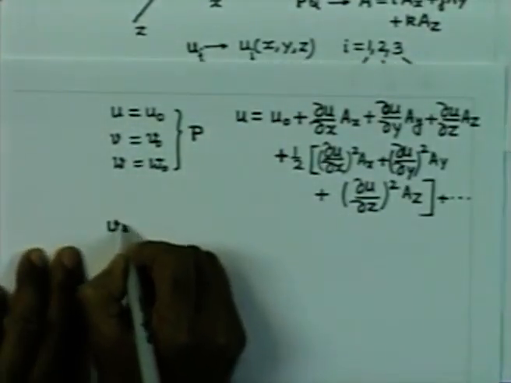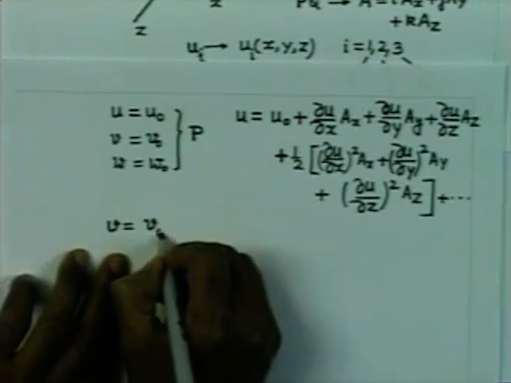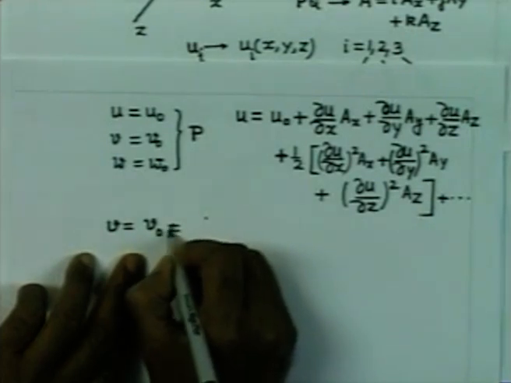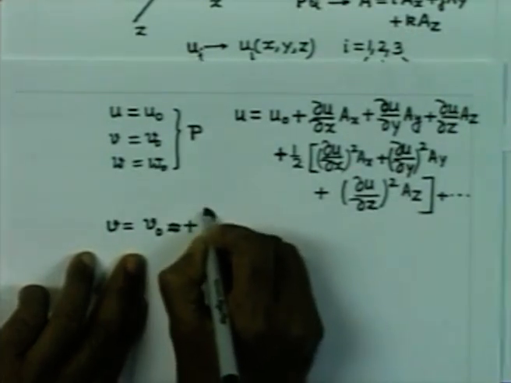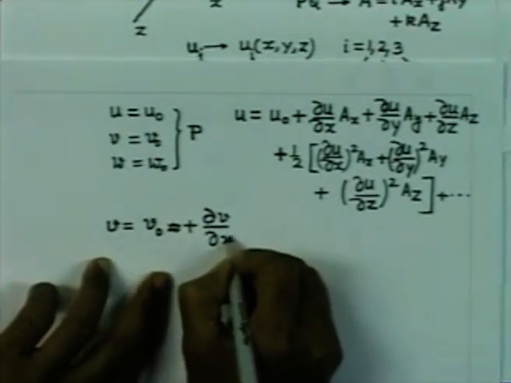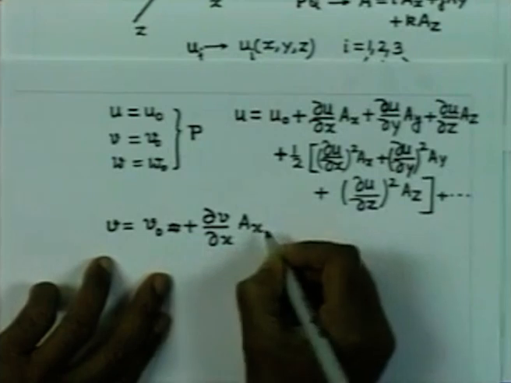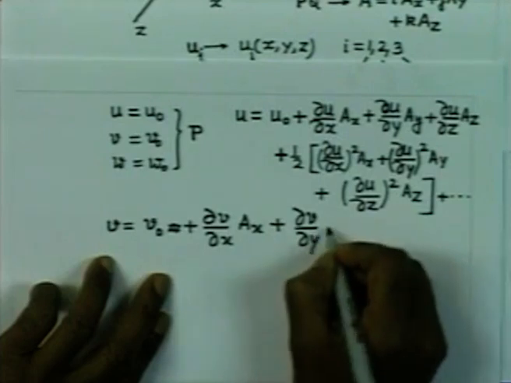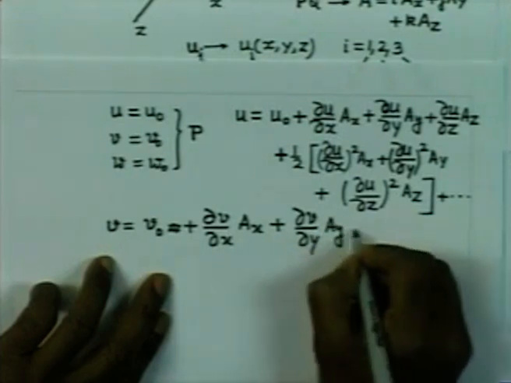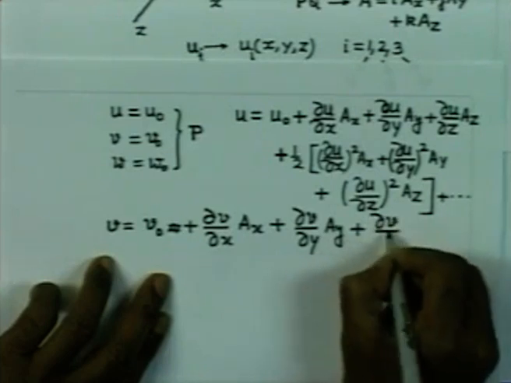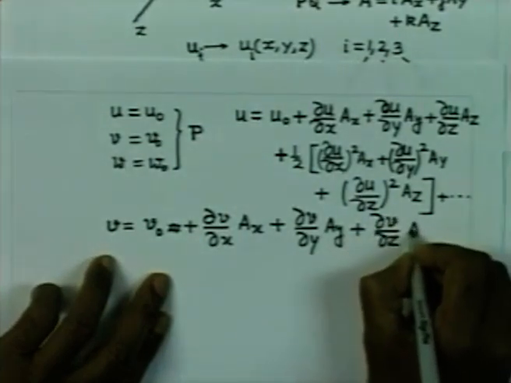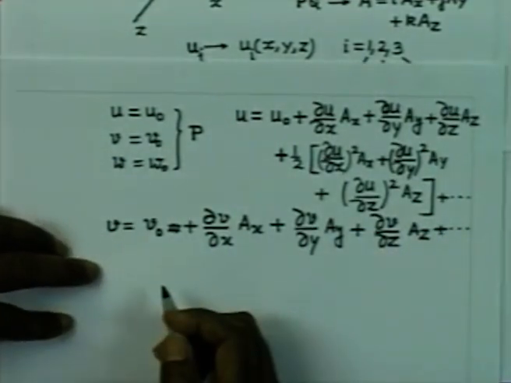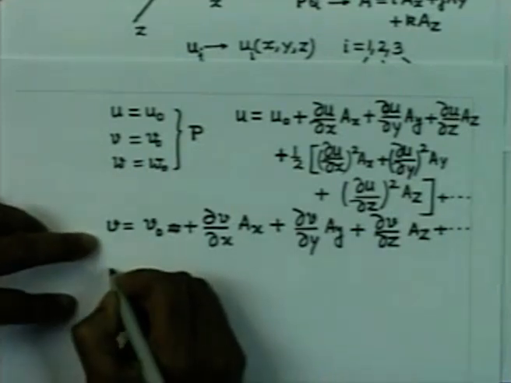So, v can also be written. v is nothing but v0 plus delta v by delta x into Ax plus delta v by delta y into Ay plus delta v by delta z into Az, plus we will have the second order terms and third order terms, and so on.